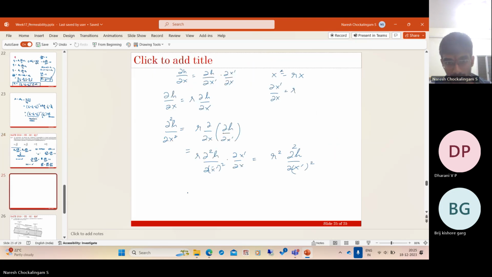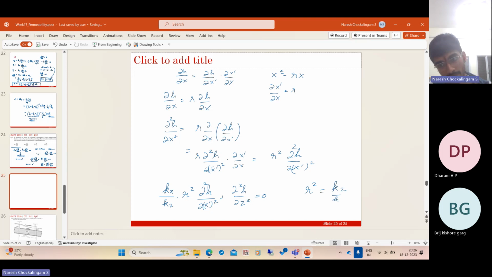So we get kx by kz into r squared ∂²h/∂x'² plus ∂²h/∂z² equal to 0. Now if I choose r squared to be kz by kx, then this becomes the Laplace equation. So that is basically the transformation.